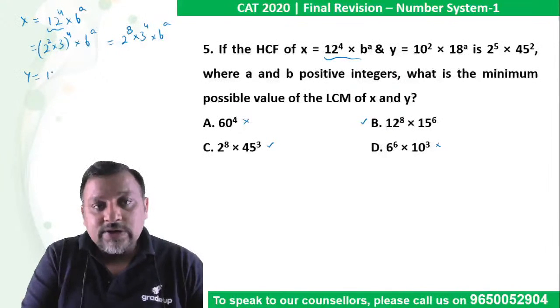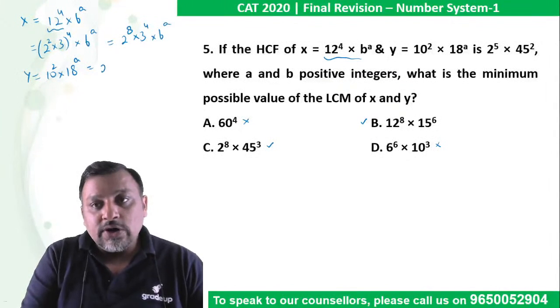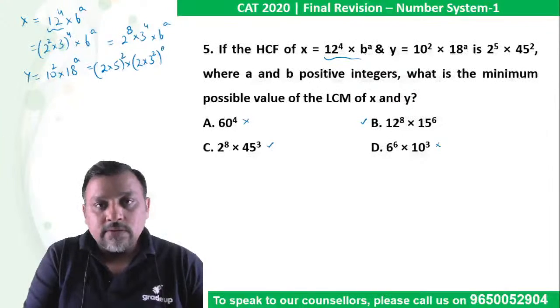Similarly, y is 10 square into 18 raised to the power a. So 10 is 2 into 5 and 18 is 2 into 3 square. So this is y, that is 2 raised to the power 2 plus a into 3 raised to the power 2a into 5 raised to the power 2.